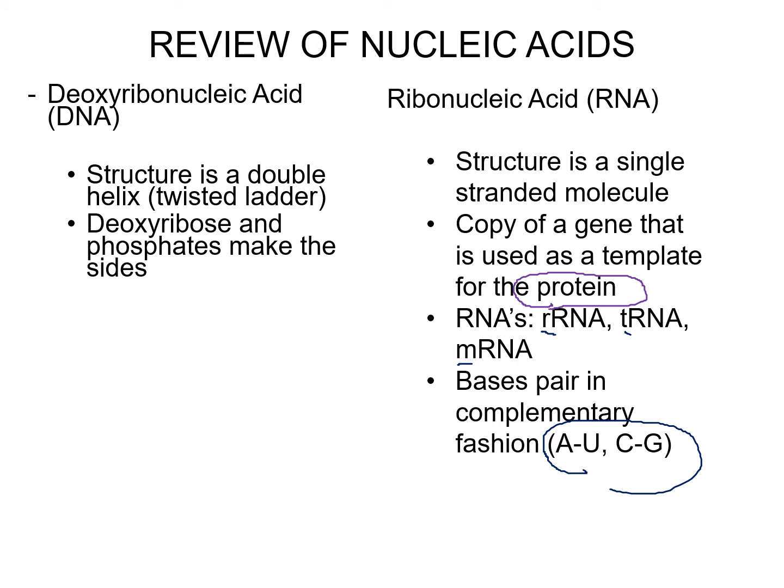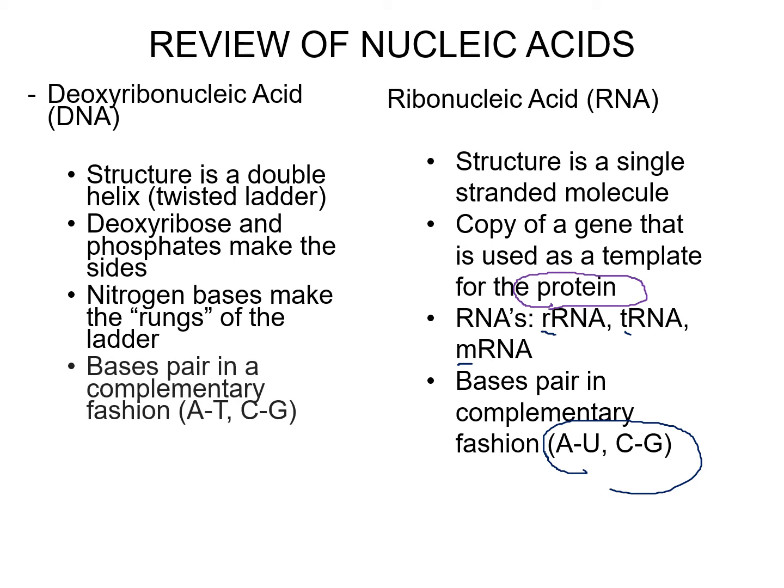Instead of ribose as a sugar, we have deoxyribose, so we're missing an oxygen. And the nitrogen bases are the exact same except for the U, except for uracil. So we have A, C, G, and T. That's the big difference, as we talked about in Chapter 2, Chemistry.